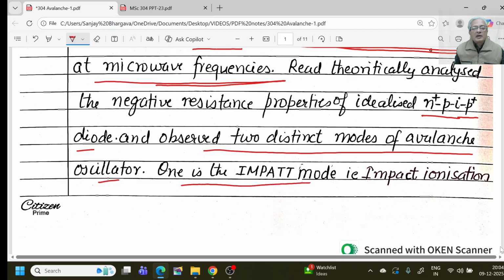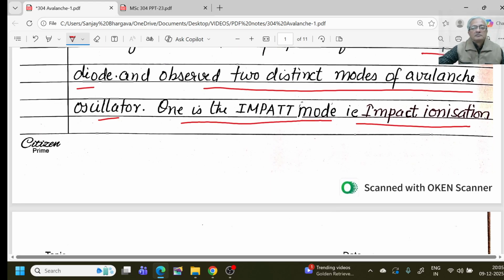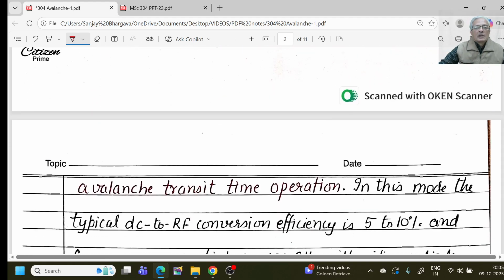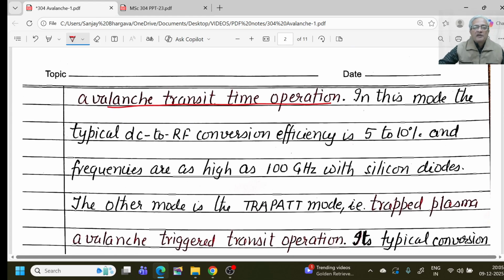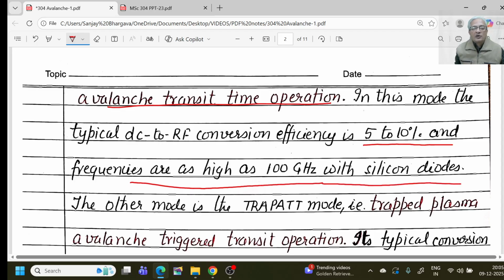One is the impact mode, that is impact ionization avalanche transit time operation. In this mode, the typical DC to RF conversion efficiency is about 5 to 10% and frequencies are as high as 100 GHz with silicon diodes.